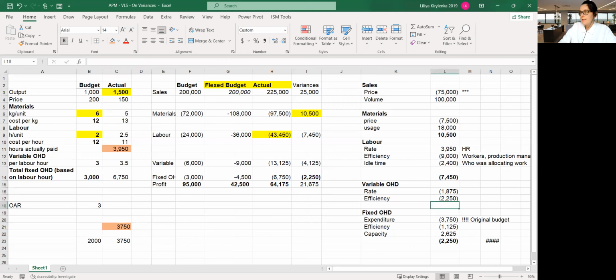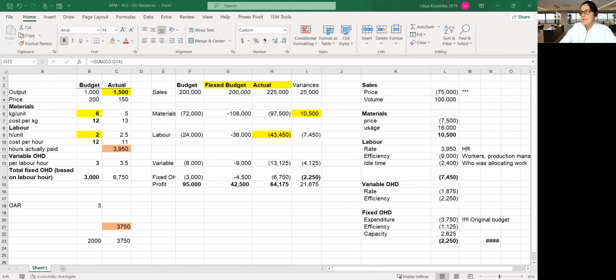Now, what we can do, we can reconcile a profit that we've made. So look, what we've got here is we've got a flexed budget. So we had a flexed budget profit. Yep, 42,500. Then we need to take the variances that we've got.